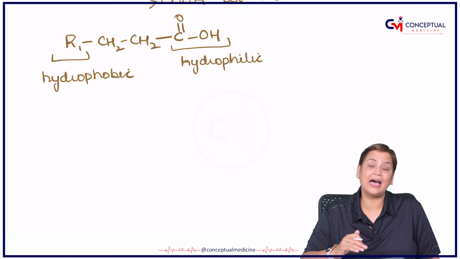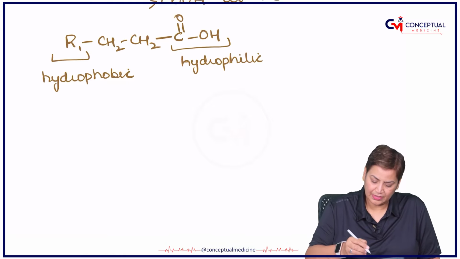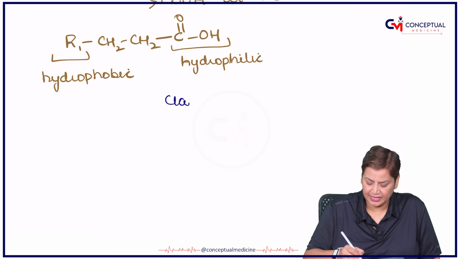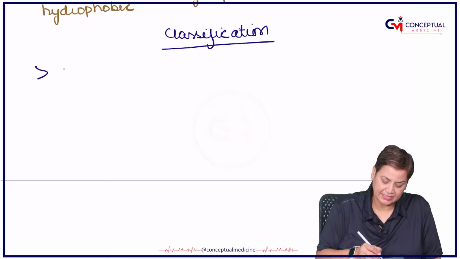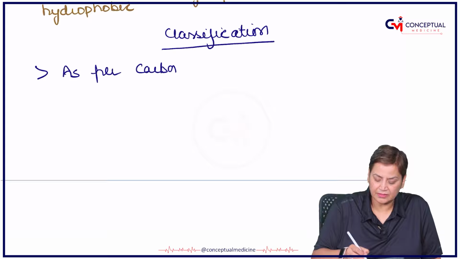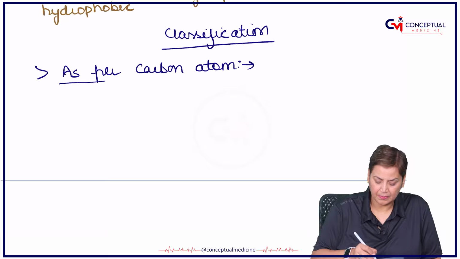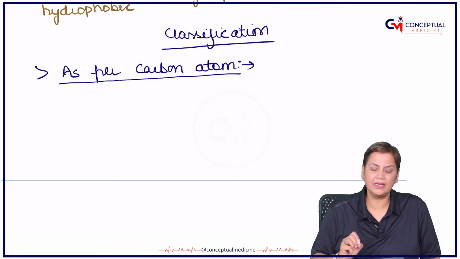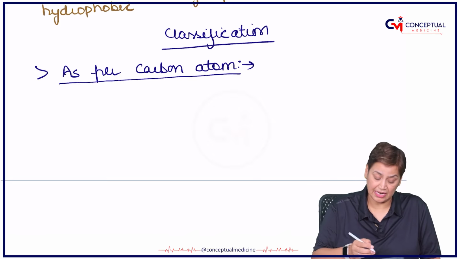So what are the different ways of classifying these fatty acids? The first way of classification of fatty acids is as per the carbon atoms. As per the carbon atom, we can classify fatty acids into 4 major classes.